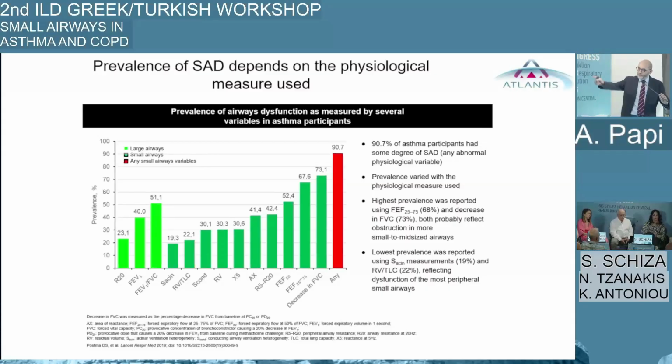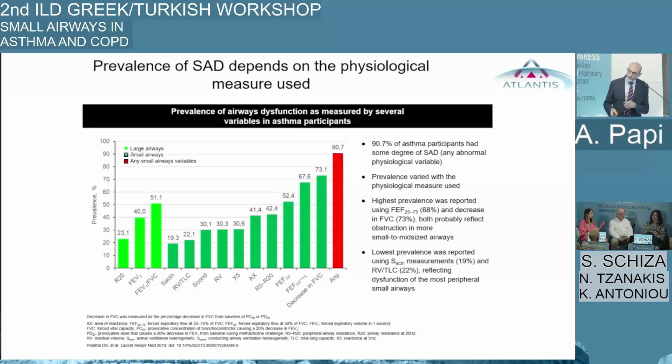Now, the first important data in red is that 90% of asthmatic patients, whatever the severity, have at least one measurement of small airways which is altered, indicating deficient small airways functioning or some type of alteration.